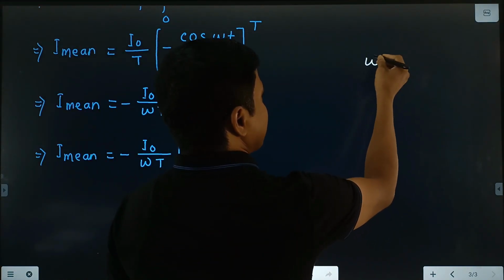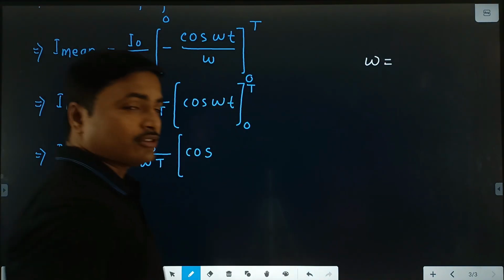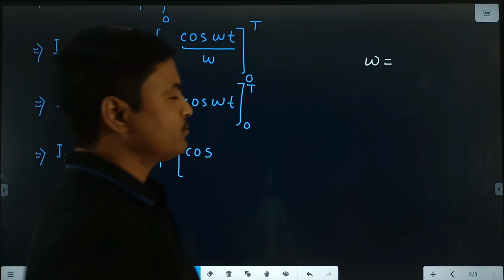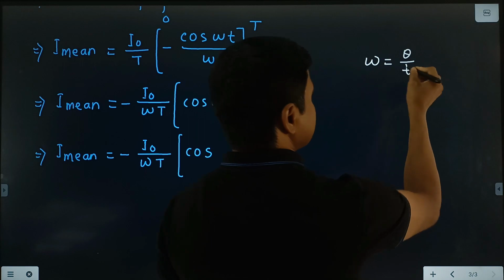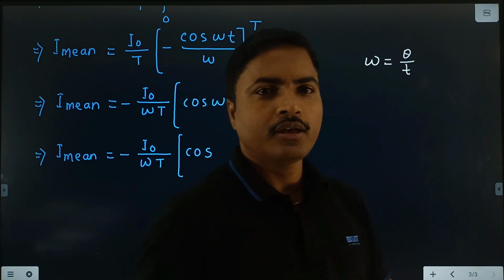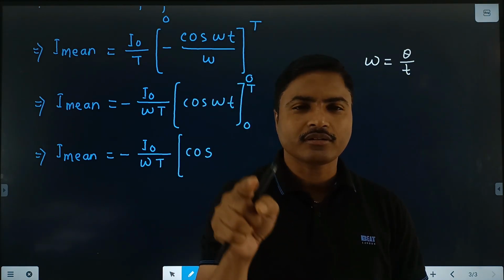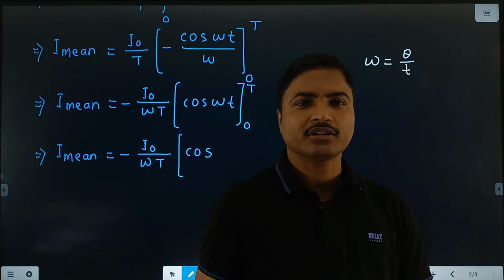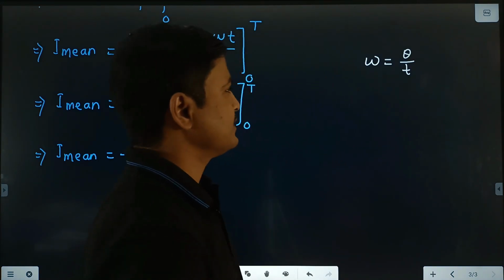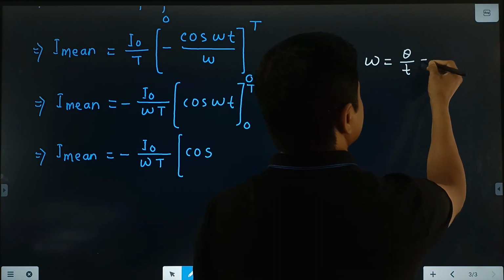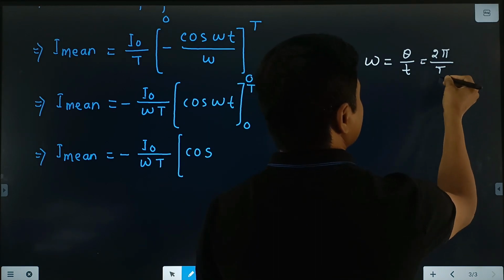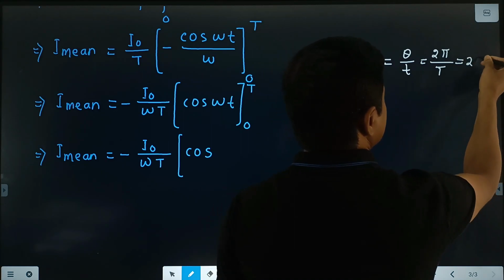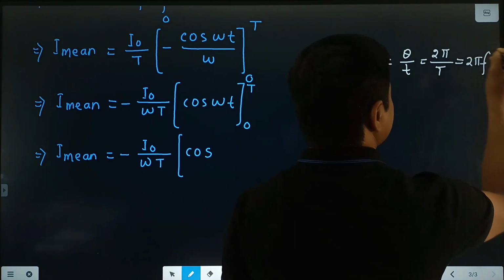you know omega is the angular frequency, also known as angular velocity, and you know the expression for angular velocity, that is angular displacement divided by time t. For one complete rotation, total angular displacement is 2 pi, so in place of theta we write twice pi, in place of t we write capital T, that is twice pi multiplied by f.